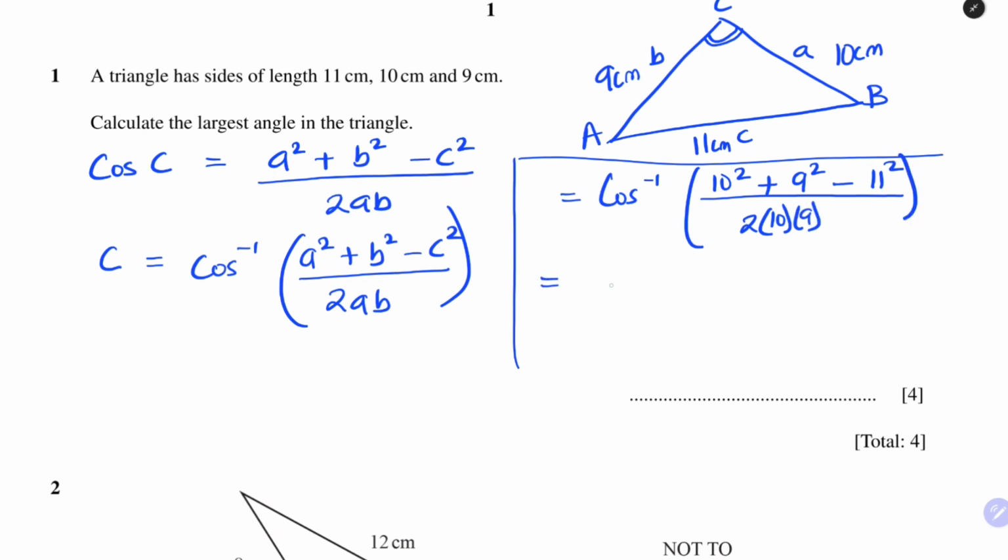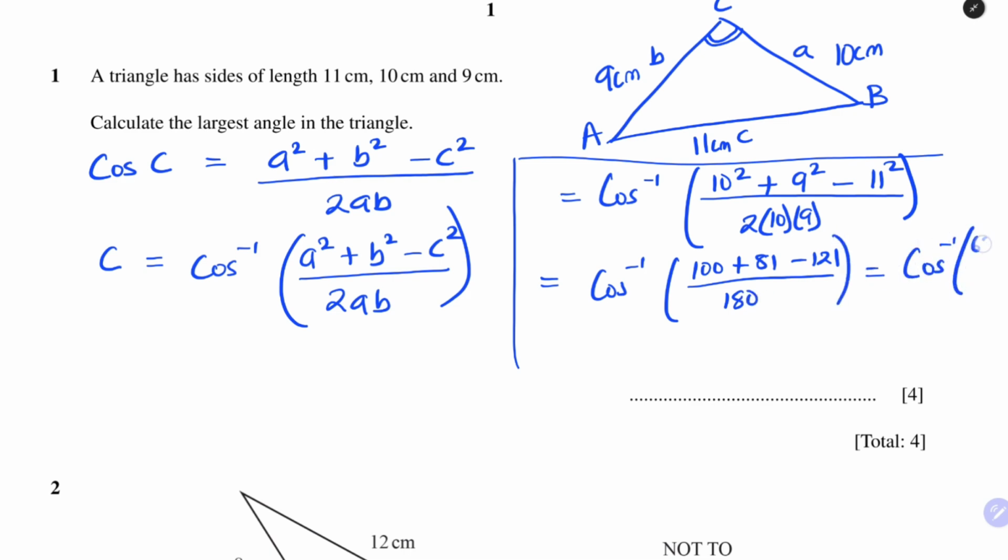Okay, and this will give us cos inverse of 100 plus 81 minus 121 over 180. So really we are looking for the cos inverse of 60 over 180.